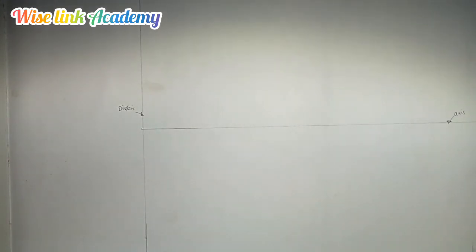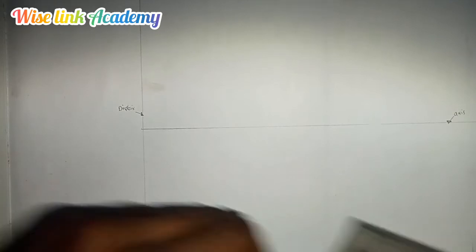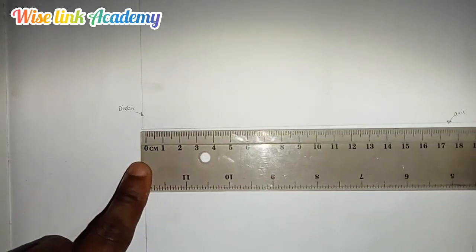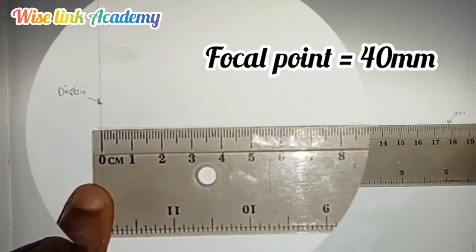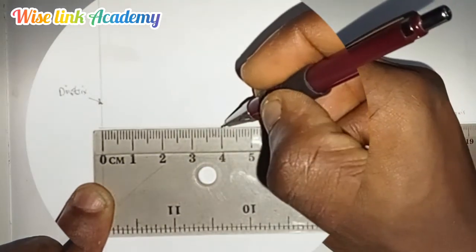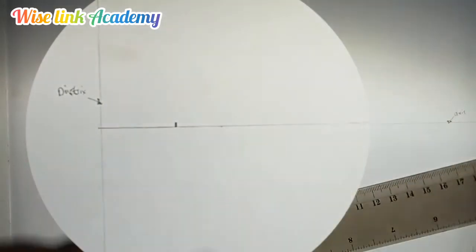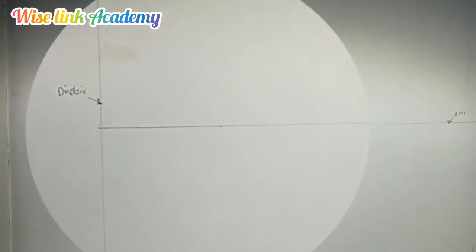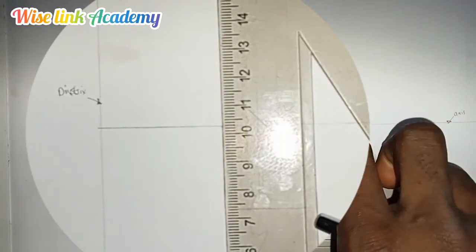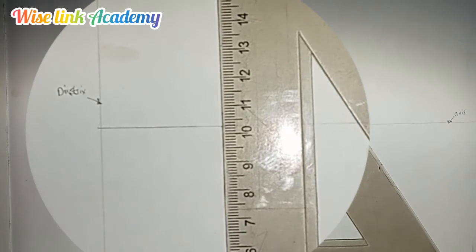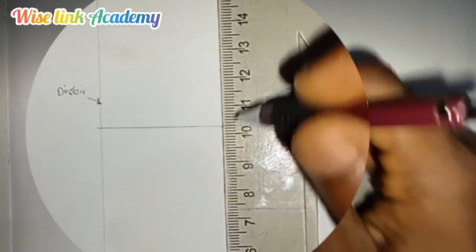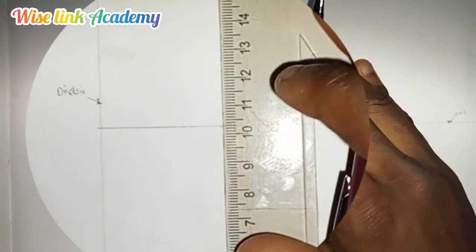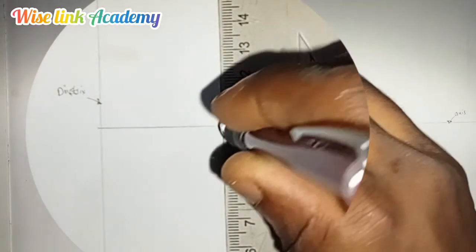So we said our focal point should be 40 millimeter. So let's measure 4 centimeter. So these are 4 centimeter. Take note of that. So these are points here. So now let's project it upward. Take it upward. Projecting it upward gives you something like this.